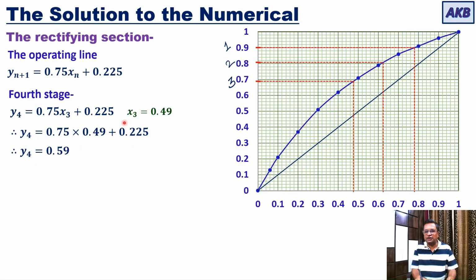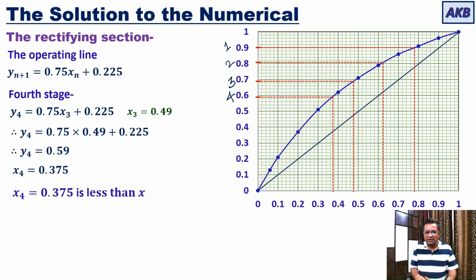So I'm going back to the distribution diagram, locating this y4 and getting the corresponding value of x4, which comes out to be 0.375. In this way, we complete the calculations for the fourth stage.